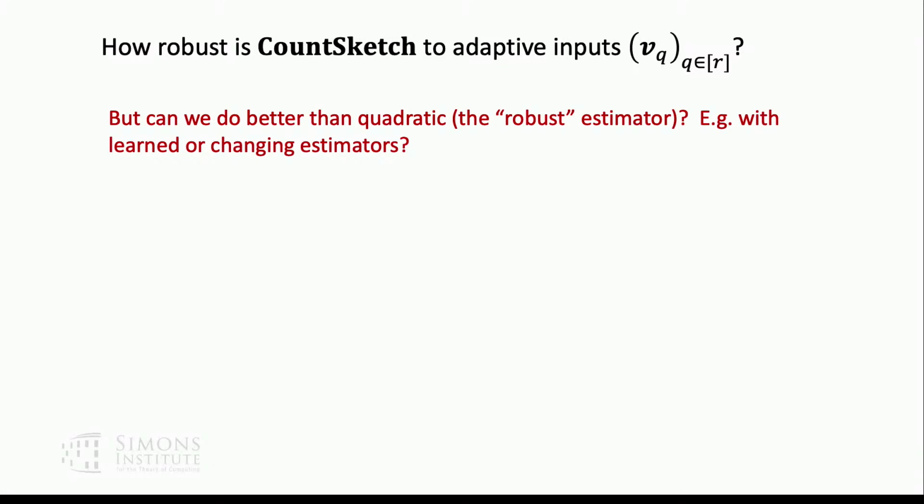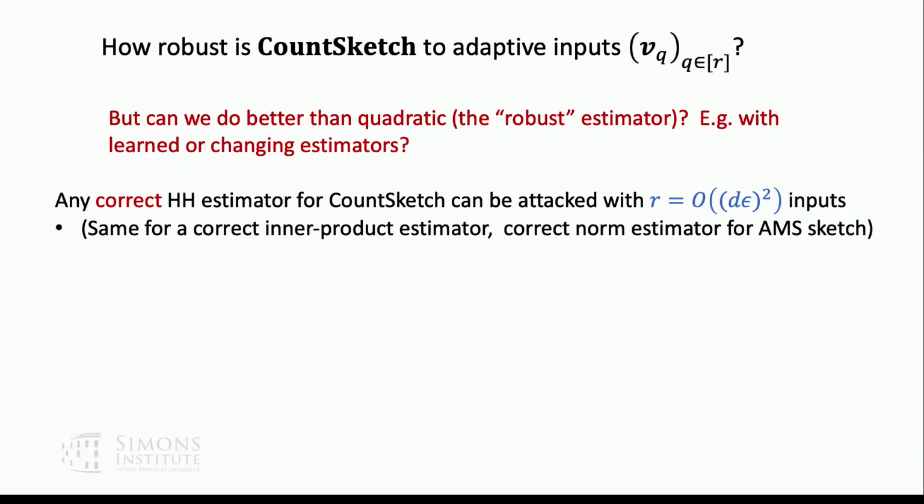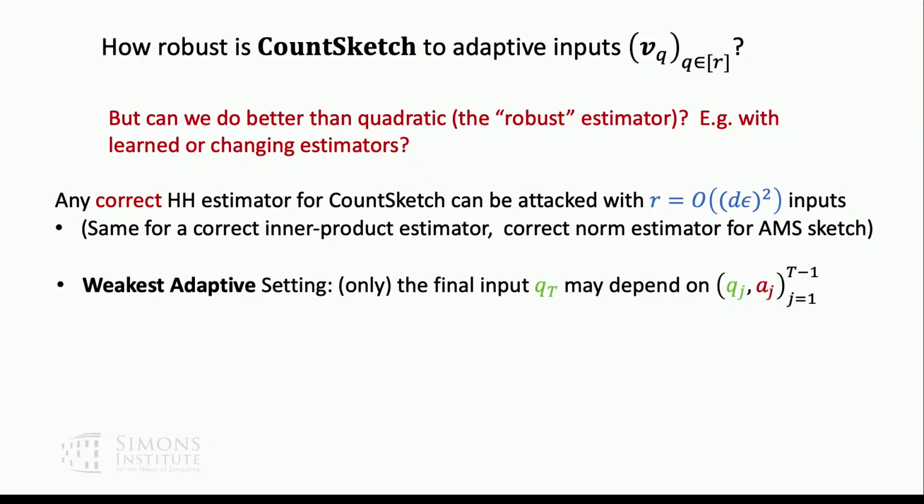So now the question is, can we do better than this quadratic robust estimator? We could show the following: any correct heavy hitter estimator for count sketch can be attacked with a quadratic number of inputs. The simple median estimator can be attacked with a number of inputs that is linear in the size of the sketch, but any correct estimator can be attacked with a number of queries that is quadratic in the size of the sketch.